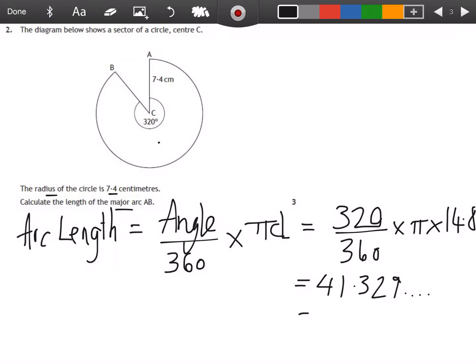Does it mention anything? It doesn't, it just says calculate the length of the arc. So 41.3 is fine. If that number after the 3 was a 5 or more, I would not be able to leave it as 41.3. I'd need to bump up to 41.4. Right, so round sensibly, I tend to go for 1 decimal place. Put the units in. It's the length of an arc. It's a distance. It's in centimetres. Okay.